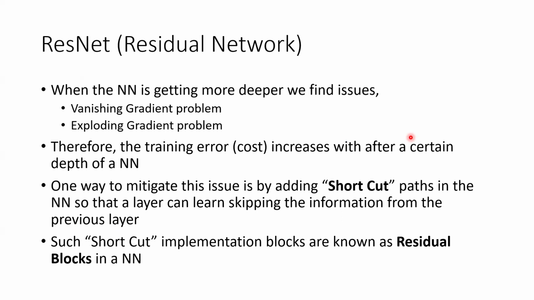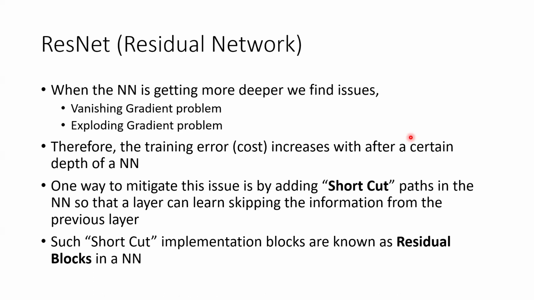We explained the things you can do to reduce these effects, but still, when we increase the number of layers to hundreds and thousands, this effect will be there, right? So there would be a limit for the depth. So this is another solution that you can use to get rid of these problems.